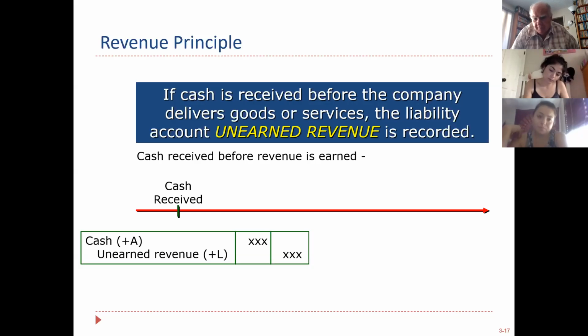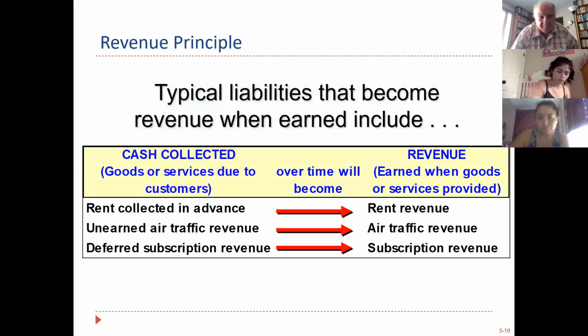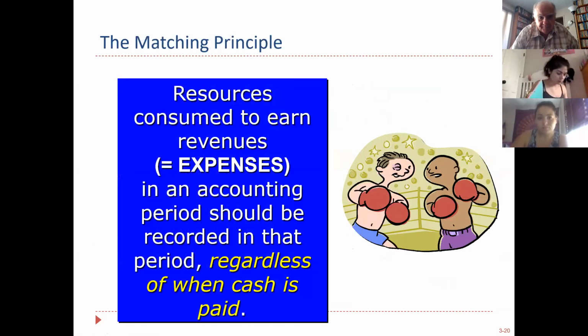So if you think of them that way, prepaid and unearned revenue are the same thing, depending on whose ox is being gored, okay? The revenue principle. You finally play baseball, you finally have the insurance policy in effect, then you're going to get rid of that liability with a debit and credit regular revenue. Revenue principle. This looks like a repeat, huh?